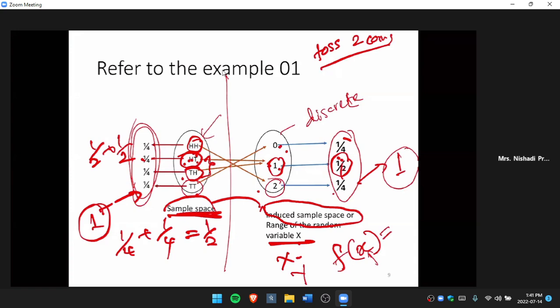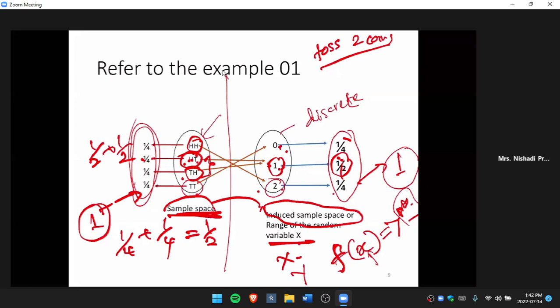Now we are going to find a function of the particular random variable X. Now this function f(x) gives probabilities of each and every value of the random variable.